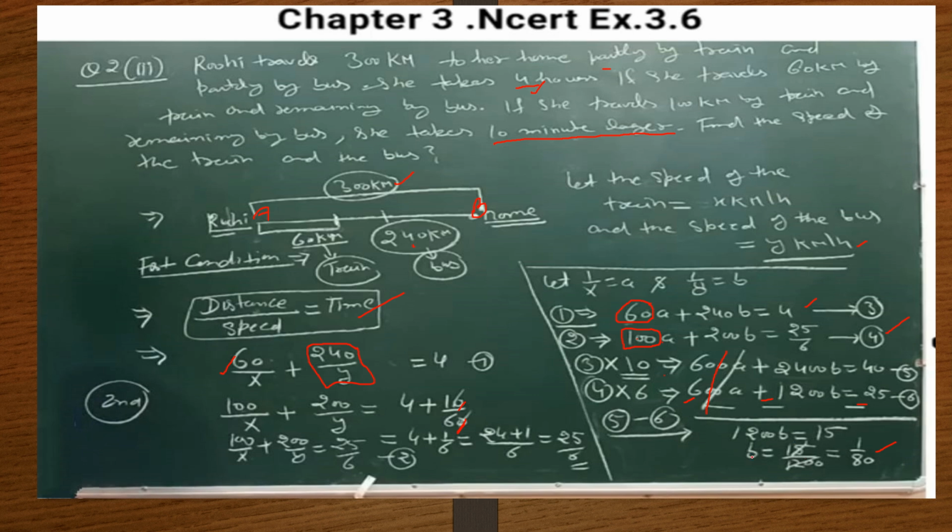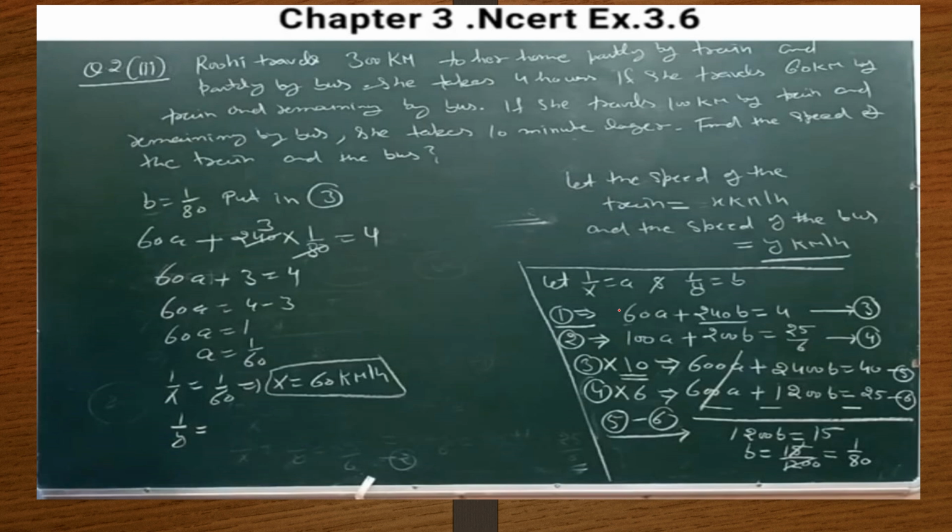When we put this value of b in either the third or fourth equation, we get the value of a. We found b equal to 1 by 80. We will put this value in the third equation: 60a plus 240b.